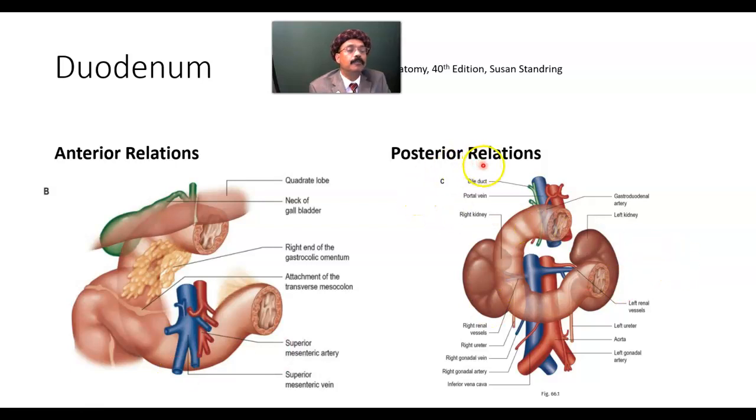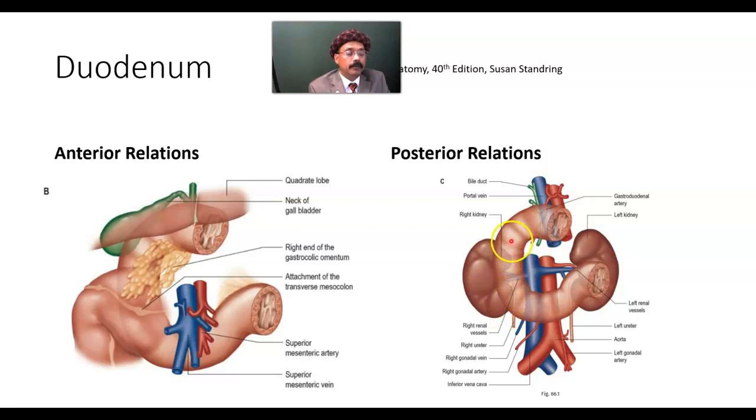Posterior relationship, we have the bile duct, that is posterior, the gastroduodenal artery, that is a branch of the common hepatic artery, that is behind. The portal vein is behind the first part of the duodenum. So anteriorly the gallbladder, posteriorly the bile duct, portal vein and gastroduodenal artery.